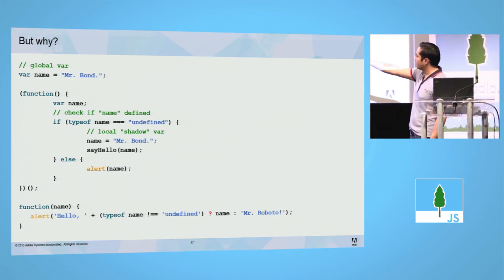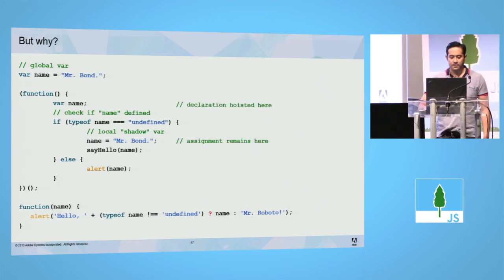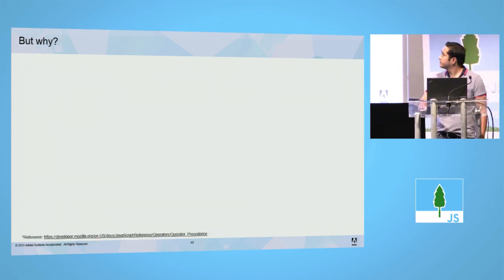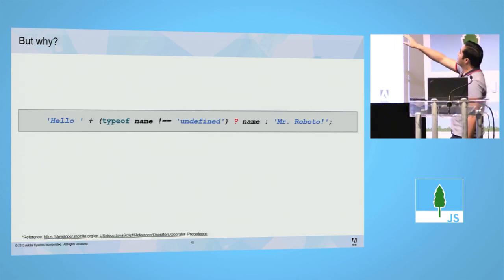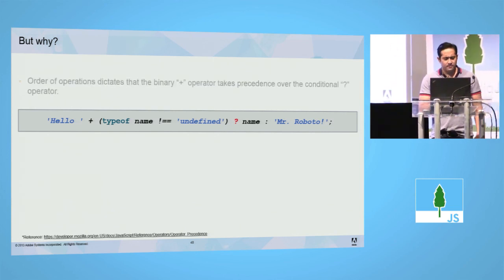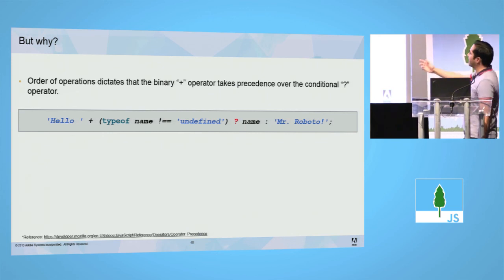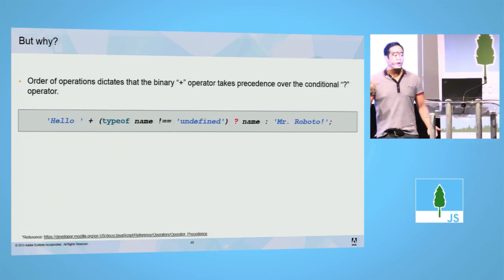It must be something in the alert. So let's take a look at the contents of the alert. It says, hello, if name is undefined, then print Mr. Roboto. If it is defined, print name. But order of operations dictates that the binary plus operator from the ECMAScript spec takes precedence over the conditional question mark operator.